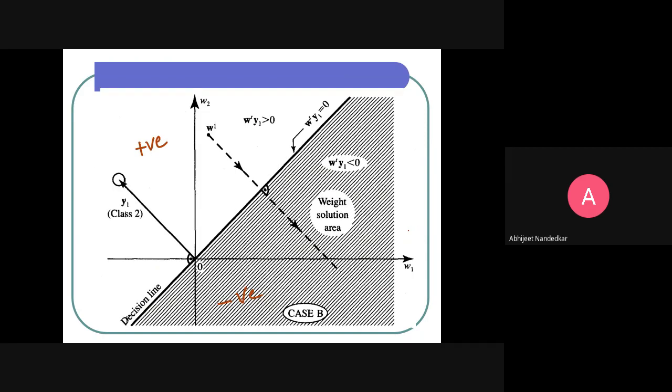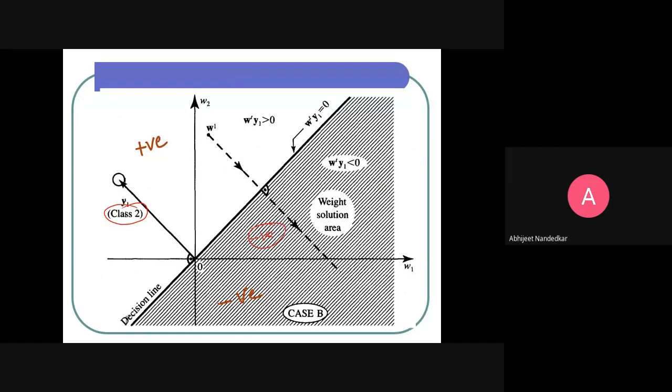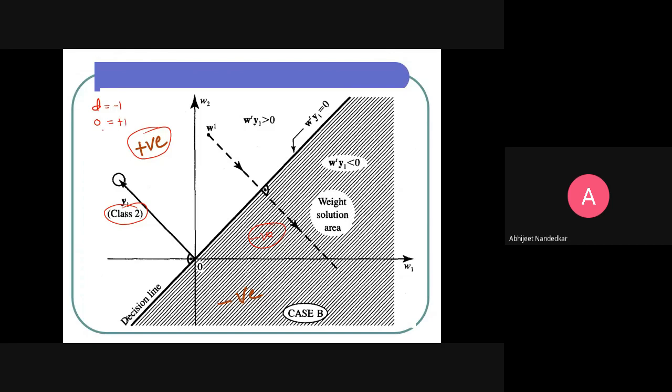The opposite will be the case when your input belongs to class 2, you want a negative output, and you are obtaining a positive output. So the desired response is -1, the output is +1.